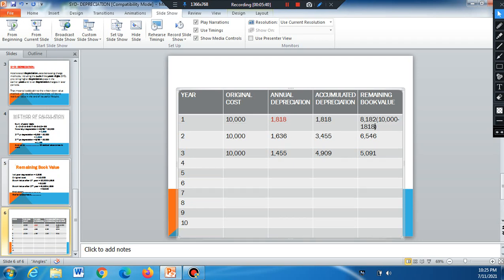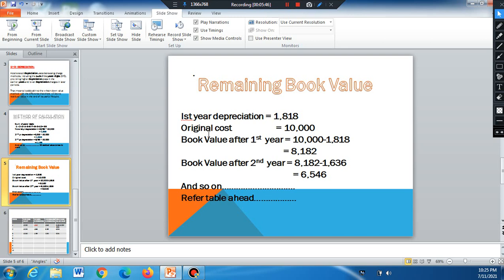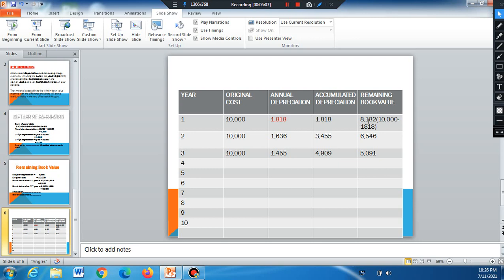First year depreciation is 1818. The original cost of the machine was 10,000. So the remaining book value after 1 year is 10,000 minus 1818, which is 8,182. See here, 8,182.